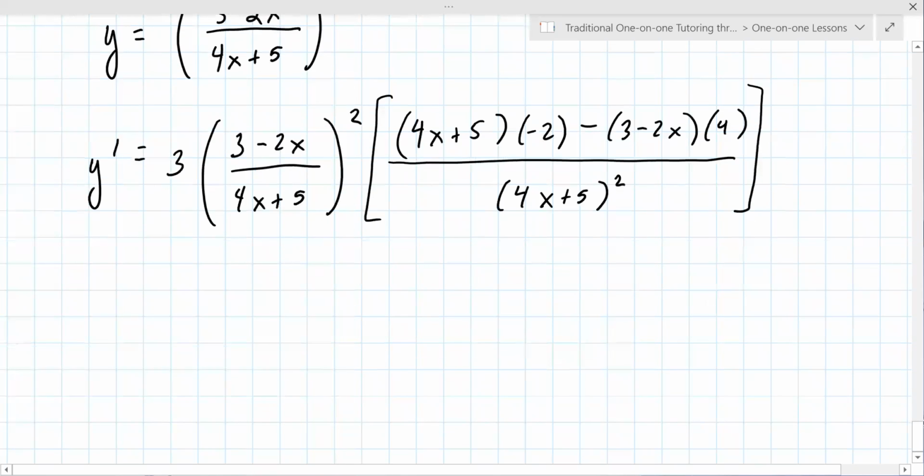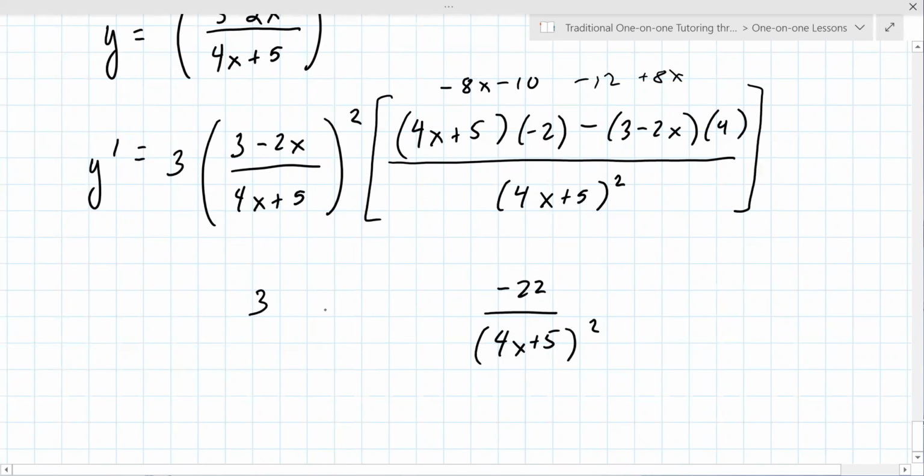From here, they probably would simplify the numerator. That's minus 8x minus 10, and then that would be minus 12 plus 8x. So you'd get minus 22 over 4x plus 5 squared. But notice over here, you got a 3 that would probably eventually combine with that minus 22.